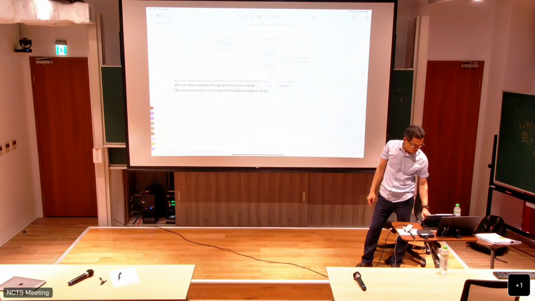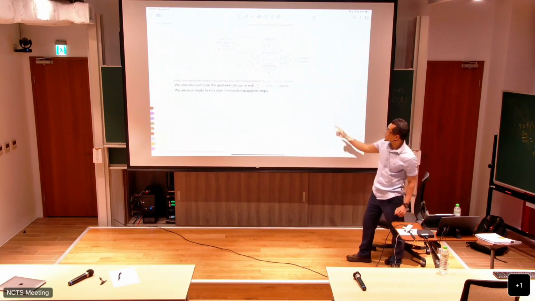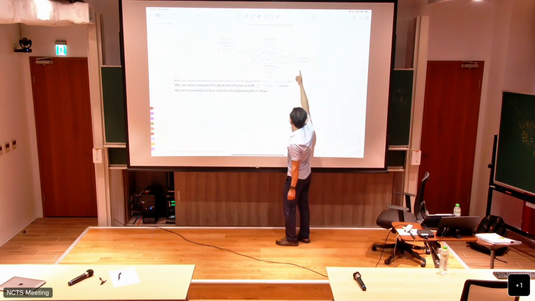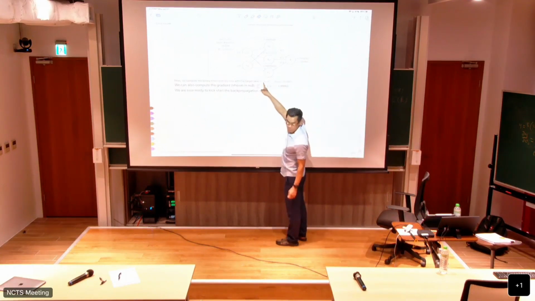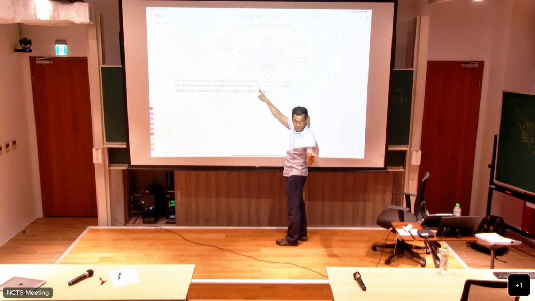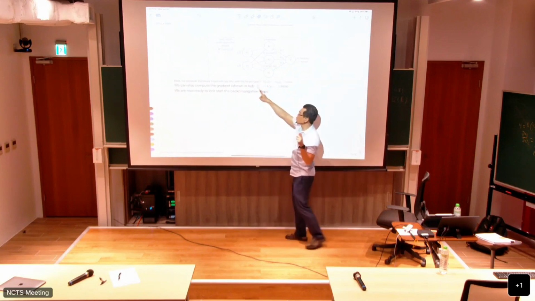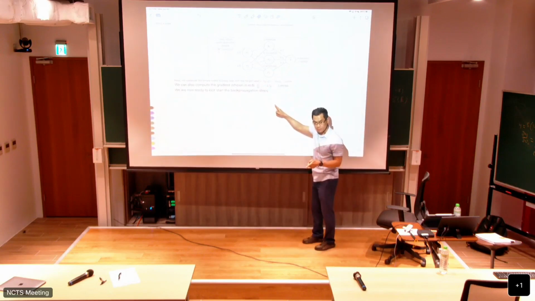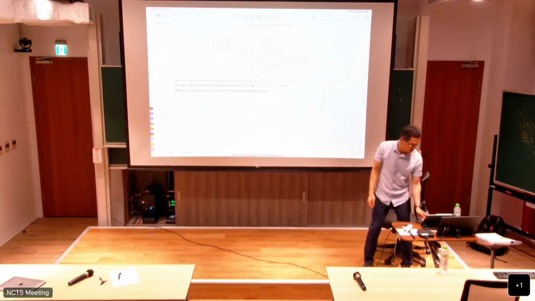Okay, because you see that in order for me to calculate the derivative of the loss function with respect to V, of course, I need to take the derivative of J with respect to the output of the output layer first, and then I need to take the derivative of the output of the output layer with respect to V. So that's what we're trying to do now.